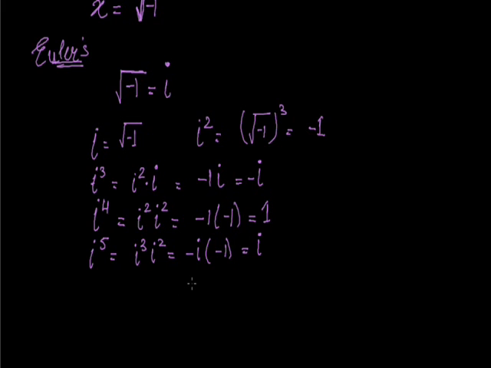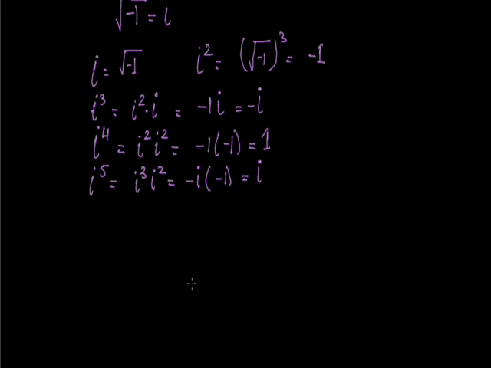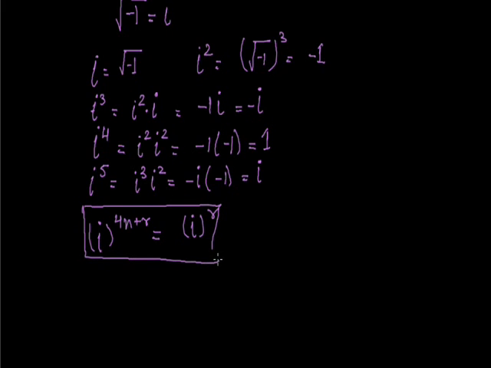So its general expression is iota power 4n plus r is always equal to iota power r.